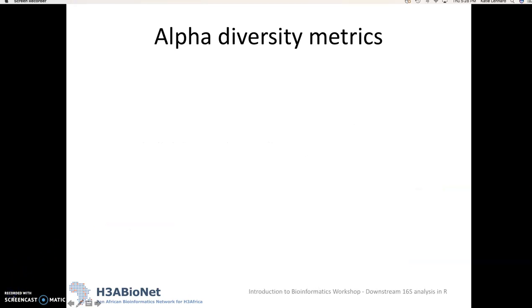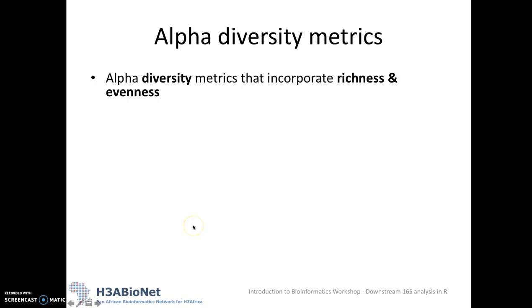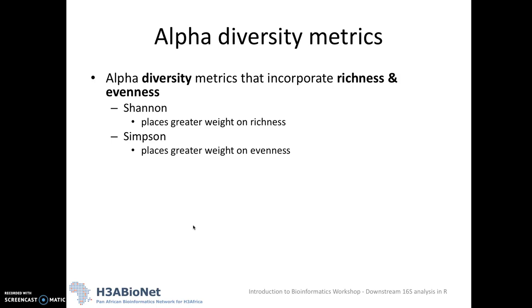So there are several alpha diversity metrics that we can choose from. Today I'm only going to discuss the most common ones that we'll be looking at in our downstream analyses. First off, alpha diversity metrics can incorporate both richness and evenness, and that's really what we want from a good metric. A commonly used one is Shannon alpha diversity, which places greater weight on richness, and then you also get Simpson alpha diversity, which on the other side places greater weight on evenness.